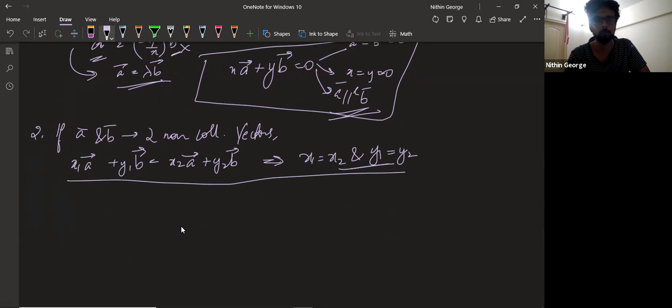If you want a proof, just take the statement and write it as (x1 minus x2) a plus (y1 minus y2) b equal to 0. Can we not do this?